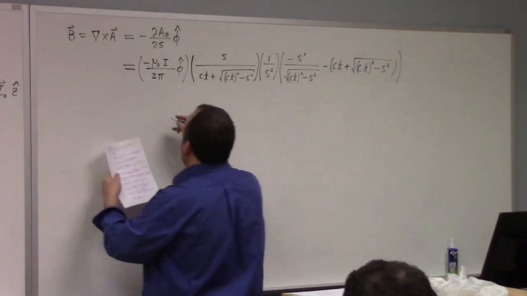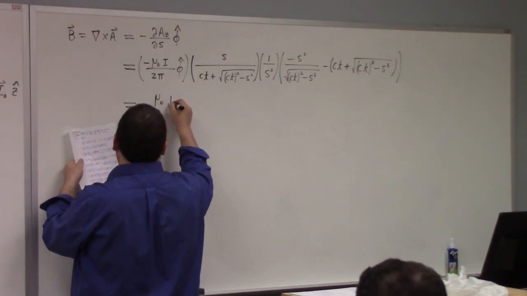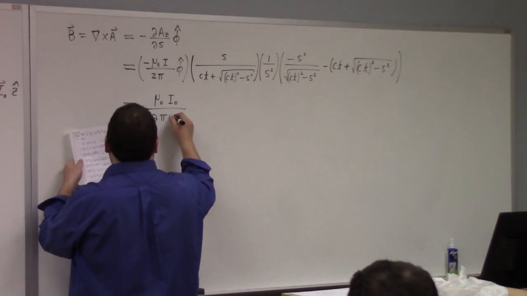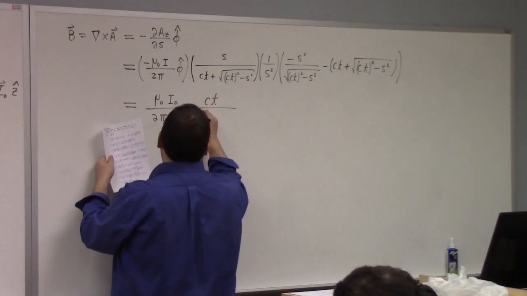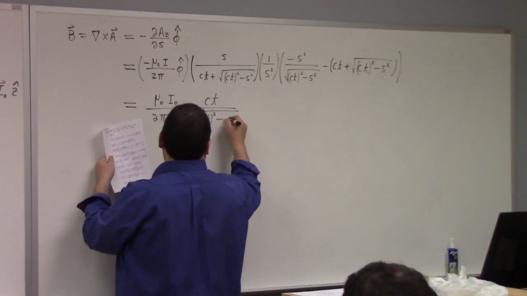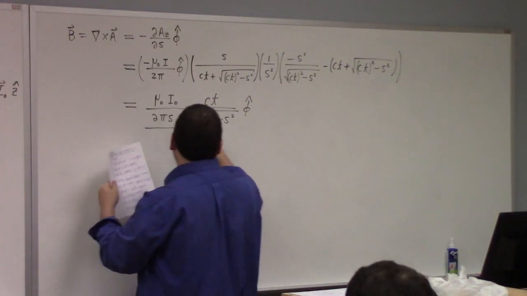All right, well, tell you what, let me just save myself a little bit of work here. I'm going to show you on the projector in a second, but after much calculus, this is mu naught I over 2 pi s, ct over the square root of ct squared minus s squared, times phi hat. It took me about a half hour to get this stupid thing to work.